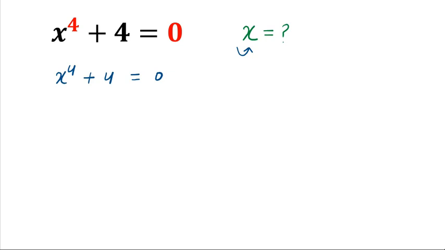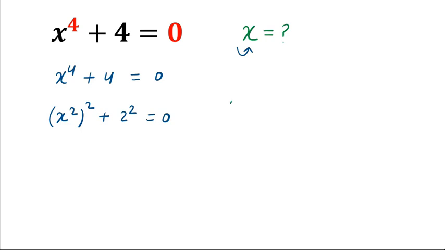Our first step: we can write this x power 4 as (x square) whole square plus, and we can write this 4 as 2 times 2, which is 2 square, is equal to 0. Now here we will apply substitution.